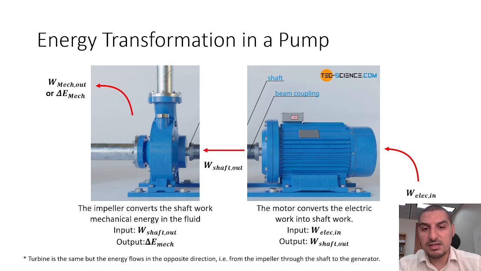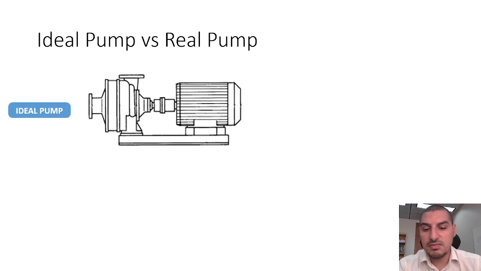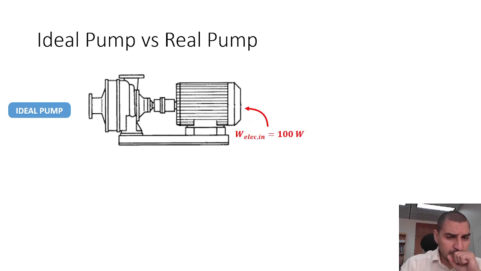This is the same thing as here. Okay, this is the same setup. It's a motor, a coupling, and an impeller. So let's say we have electric work going in, and this electric work should be converted into shaft work by the motor. So we have 100 watts going in.